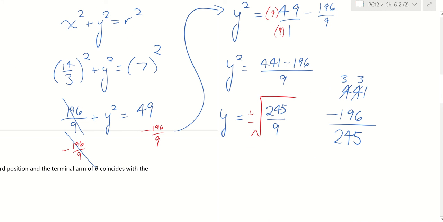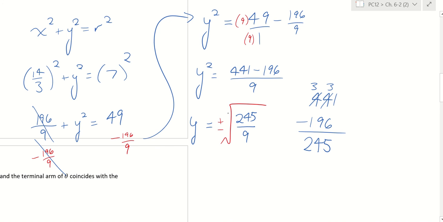So when we take the positive and negative roots from both sides, we will prioritize the negative root. The negative root is the only root that will actually make sense for this particular question with these particular constraints. So here we have y equals the negative root of, how can we simplify this?